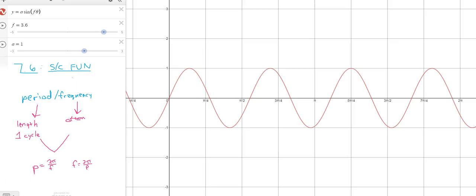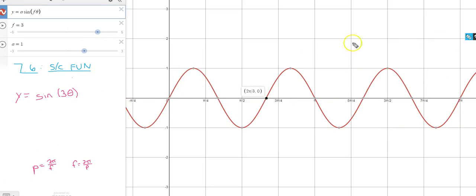So let's look at this mathematically. I have the function y equals 3 times the sine of theta. Right now, because I've been paying attention, I'm learning, I know my frequency is 3. The frequency is 3. So let's look at this. 1 cycle, 2 cycles, 3 cycles.